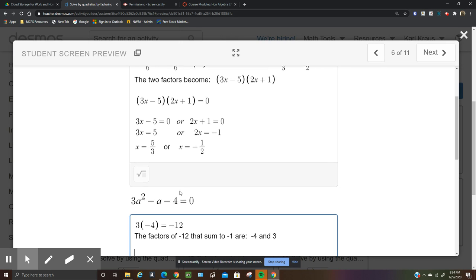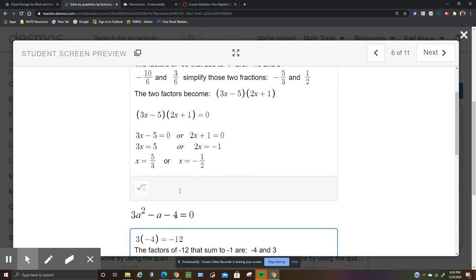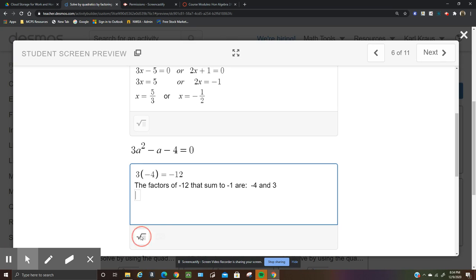So negative 4/3 and 3/3. Simplified, negative 4/3 stays the same, and 1/1.